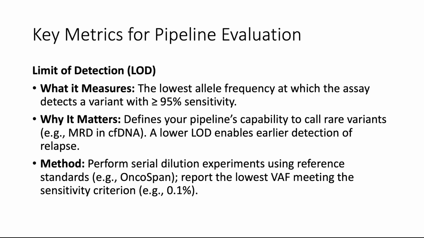And the last one to name will be limit of detection, which will correspond to the lowest allele frequency at which the assay detects a variant with 95% sensitivity. And it will define our pipeline's capability to call rare variants, which are of quite an interest for us in a project like cell-free DNA detection.